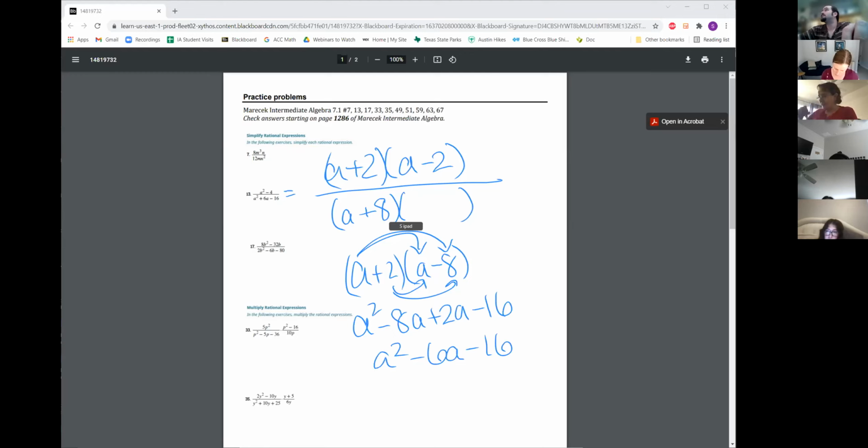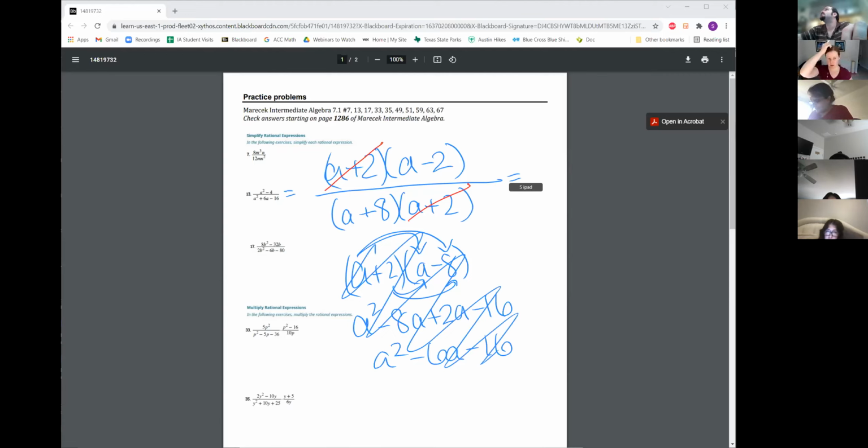Okay, I was confused, just wanted to make sure. Thank you. And then I want to just cross out the a minus 2 in the top and the bottom. In this case it's going to change to a plus 2 over a plus 8. Did I write it wrong? I wrote it wrong. Hang on.